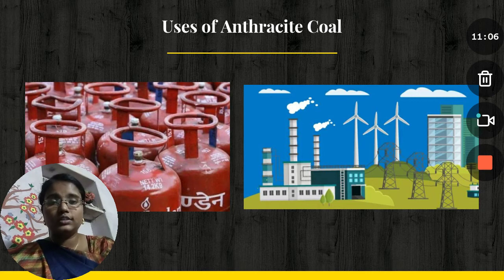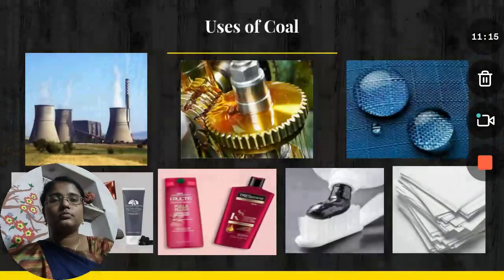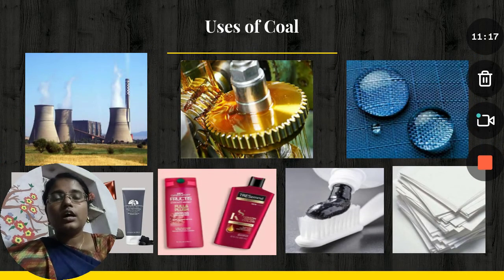Now let us see about other uses of coal. Coal is used to generate heat and electricity. It is used to make derivatives of silicones which are used to make lubricants, water repellents, resins, cosmetics, hair shampoo and toothpaste. Activated charcoal is used to make face packs and cosmetics. Coal is used to make paper.